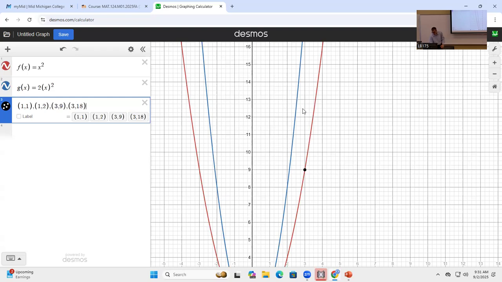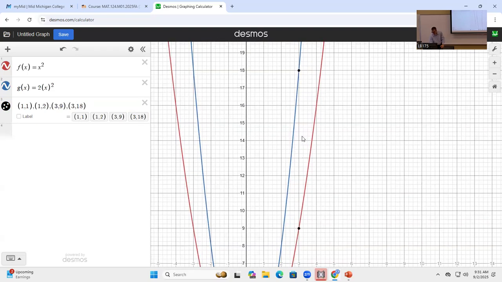Multiply by 2. Hopefully, if we scroll up, my new stretched out graph goes through the point (3, 18). So that's what we mean by vertical stretch. All of those y values, in this case, got doubled.